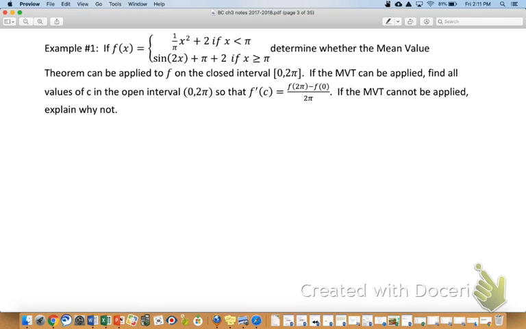If it can be applied, go ahead and use it to find a value or values. And if it can't, explain why not. So the can you use it or can you not, it's rooted in those two conditions, right? So you need to test, is this function continuous on the interval we care about? And if it is, is it also differentiable on the interval that we care about? And if you can figure those things out, you'll start to be able to form an answer.